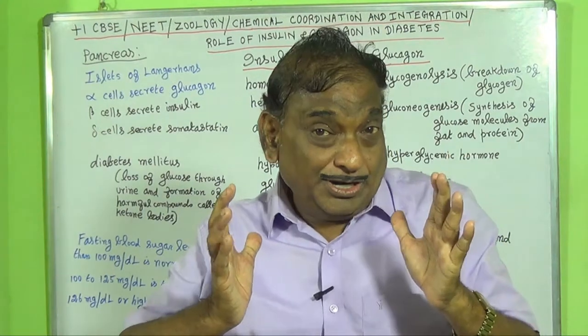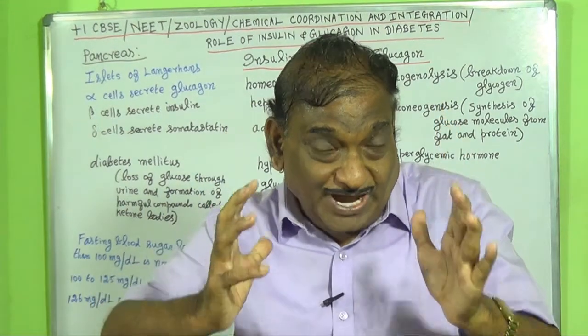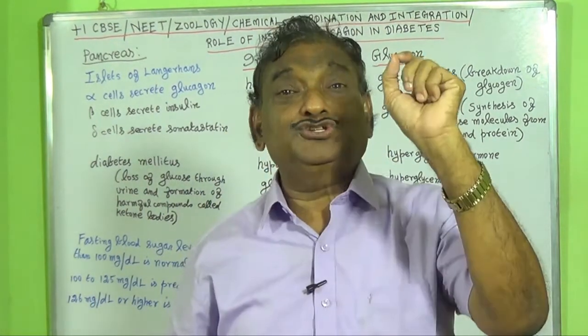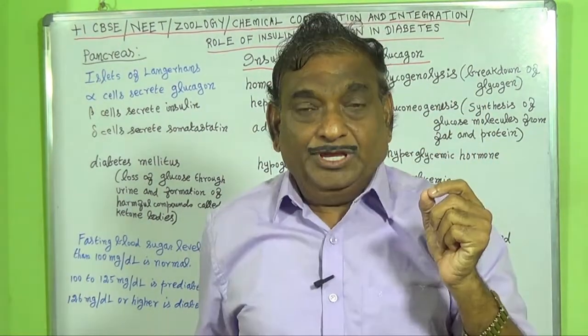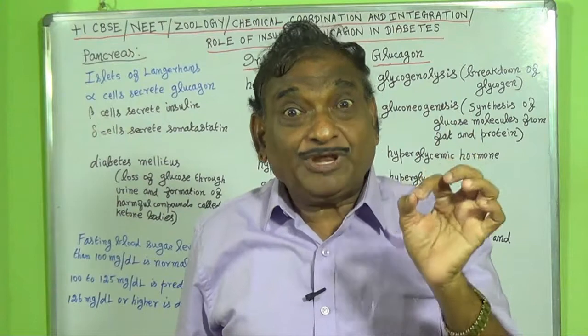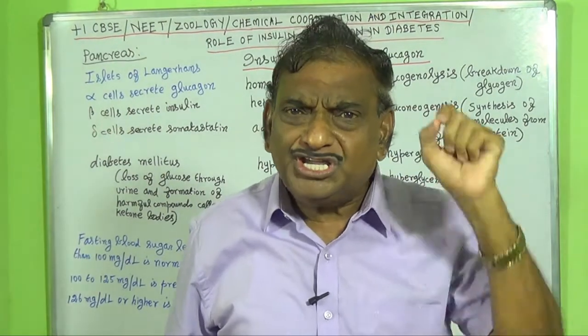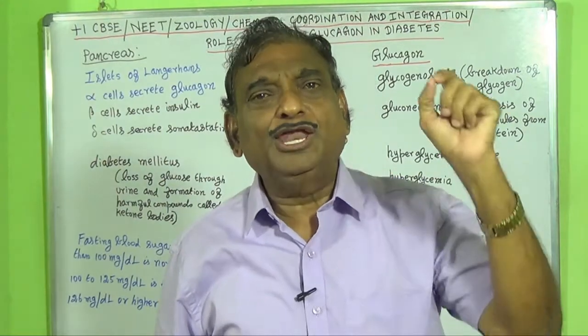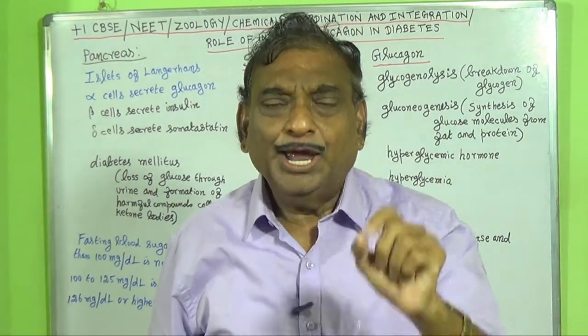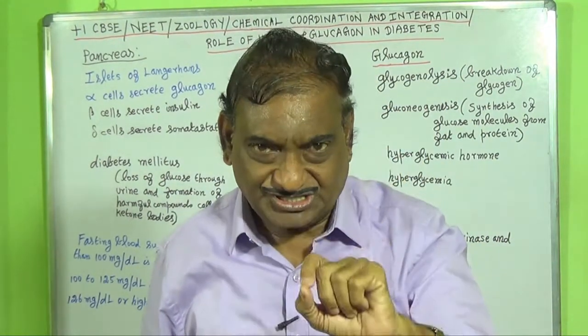First of all, we are going to see the function of insulin. What is insulin? Insulin is a peptide hormone. Why is it called a peptide hormone? Because the molecules of this hormone contain peptides and proteins.